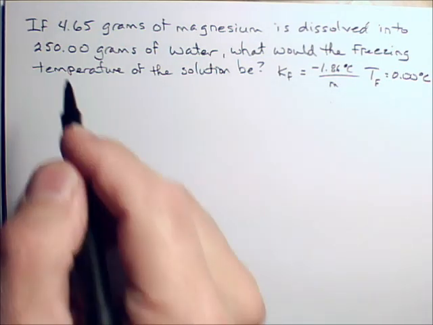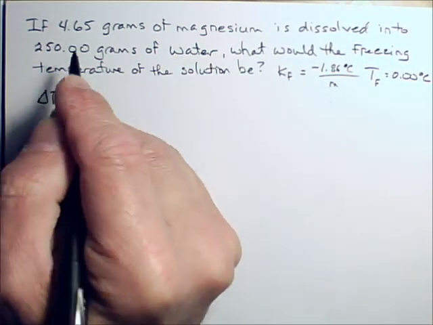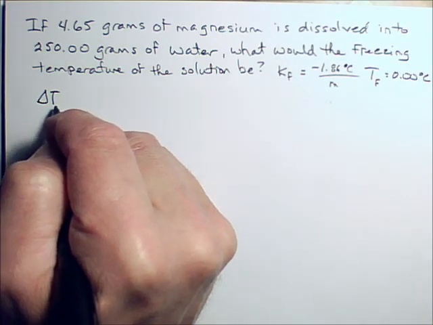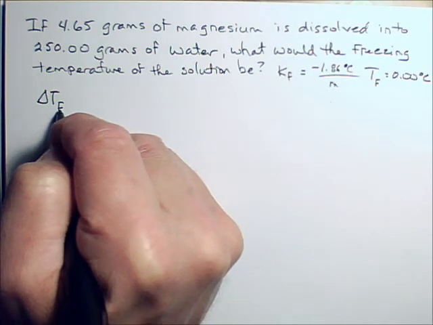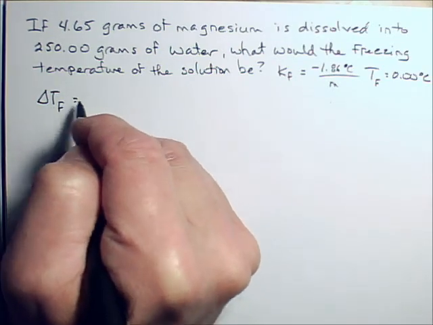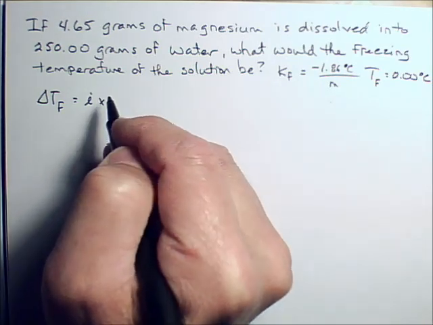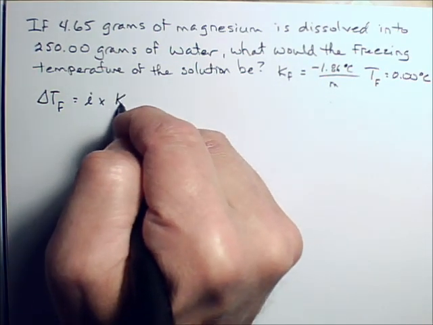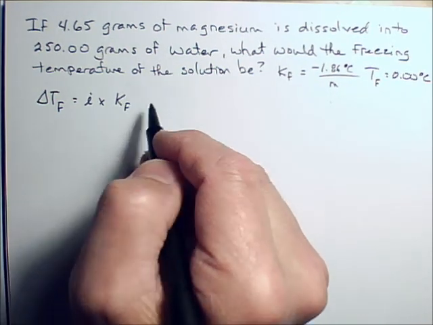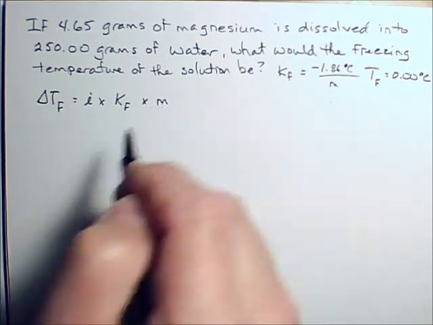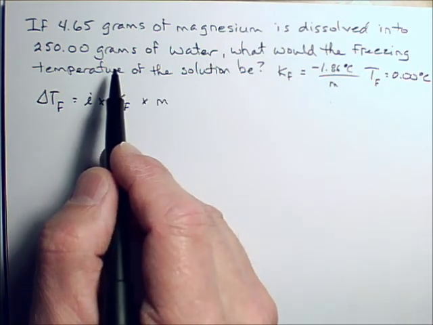Okay? All right, so your two equations, remember, delta T, it's a constant that I gave you. Change in temperature of freezing is equal to the Van't Hoff factor, which we learned to do already, times the freezing point constant that I gave you, or the freezing point constant for water, times m, which is the molal concentration. I haven't given you the molal concentration in this problem.